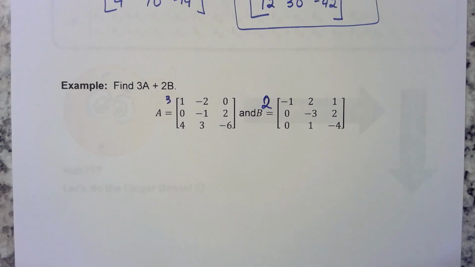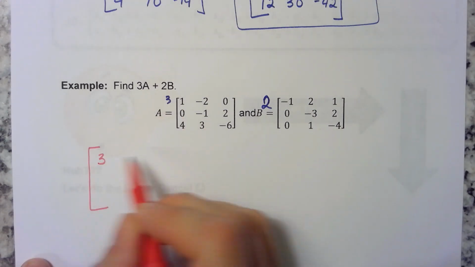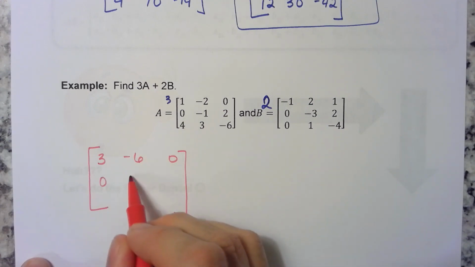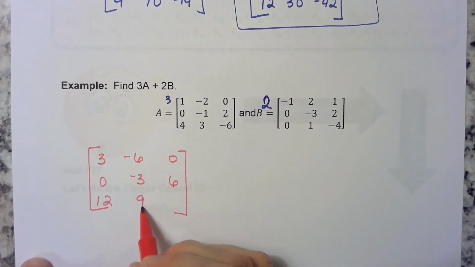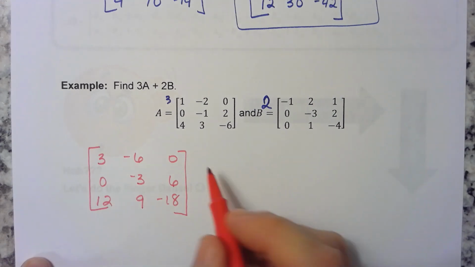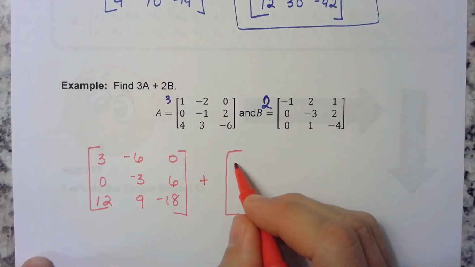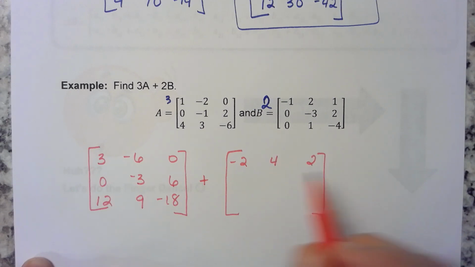So we'll have 3, negative 6, 0, 0, negative 3, 6, 12, 9, negative 18. And we want to add that to whatever we get when we multiply B by 2. So negative 2, 4, 2, 0, negative 6, 4, 0, 2, negative 8.